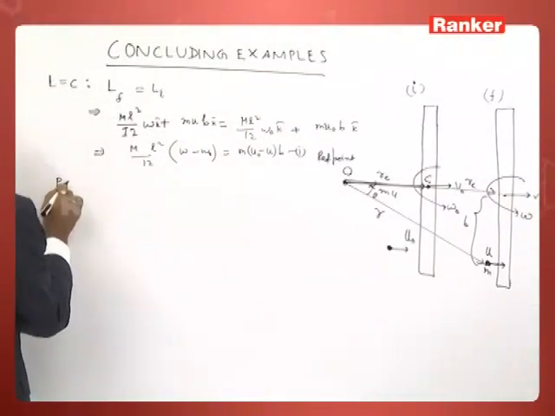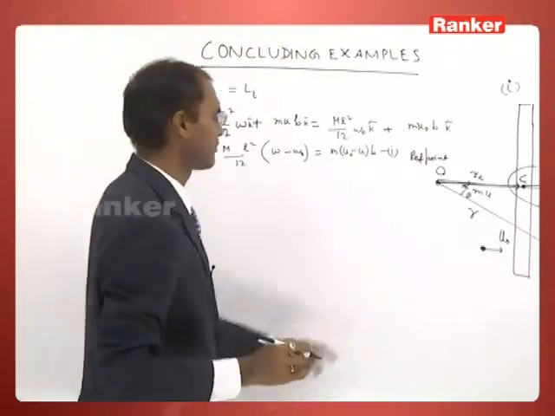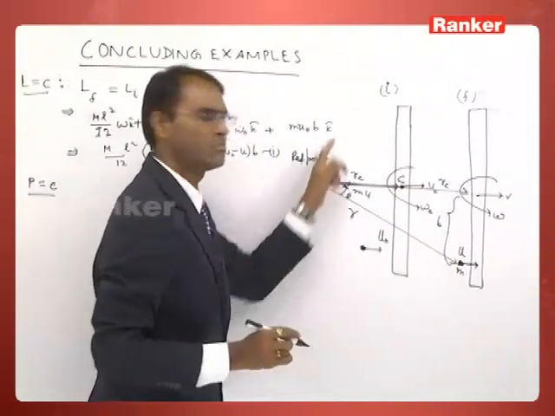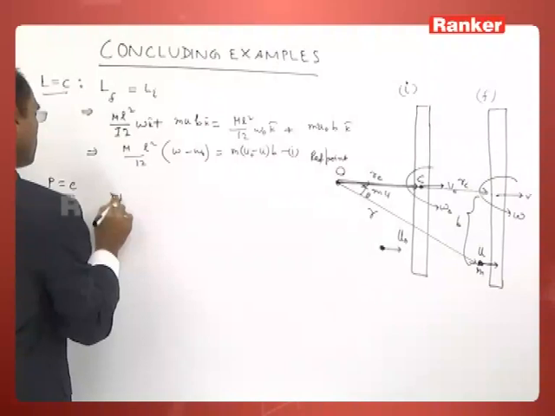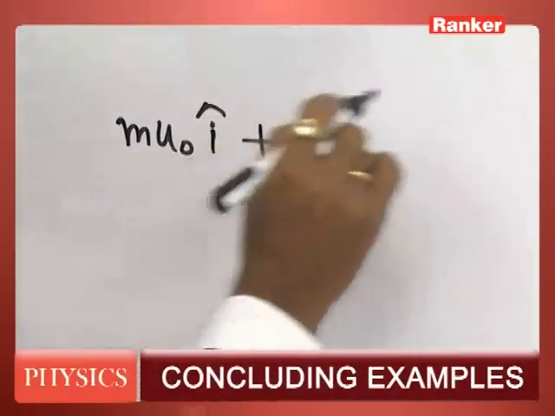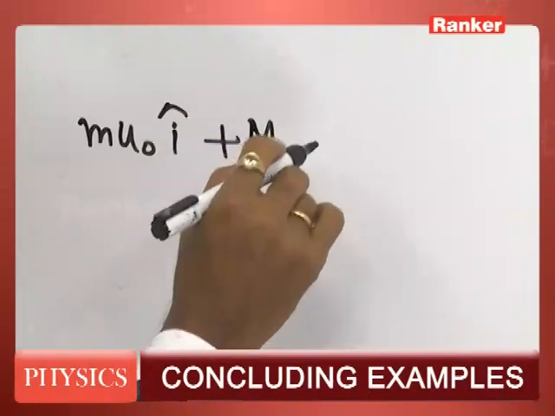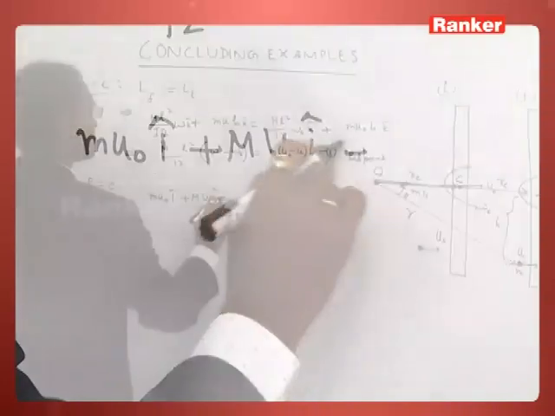The next concept is the conservation of linear momentum of the system, rod plus particle. The particle's linear momentum is m u naught in the positive x direction, and the rod's initial linear momentum is capital M v naught along the positive x direction.